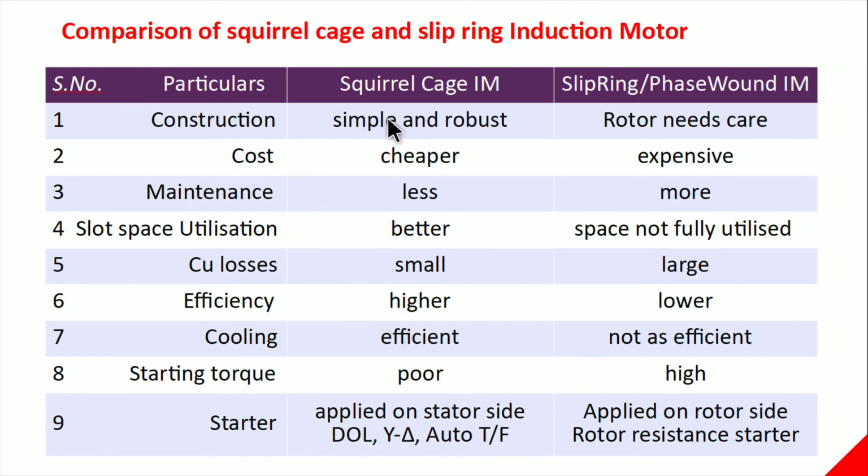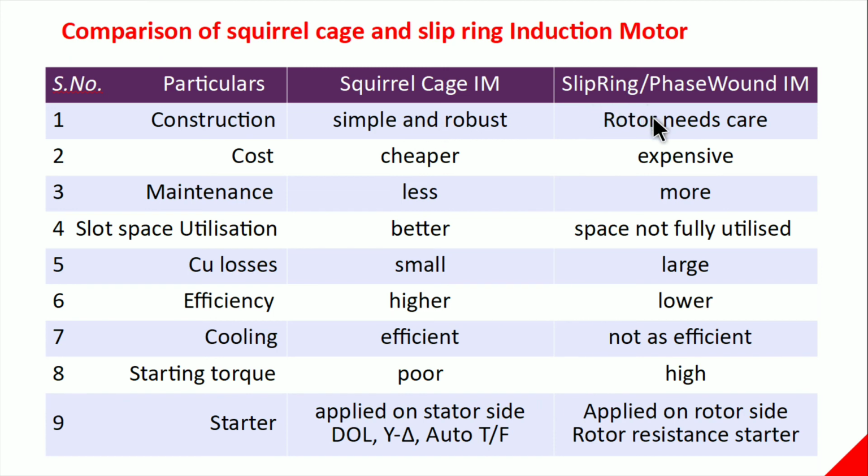Construction wise, the squirrel cage induction motor is simple and robust, and the slip ring induction motor needs care. Why? Because we are connecting to the supply system through slip rings and brushes. There is wear and tear and other things. The size of the motor also increases. So this motor is simple and robust.